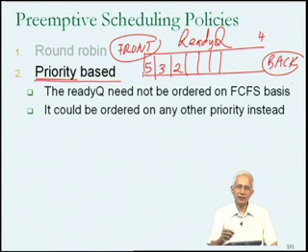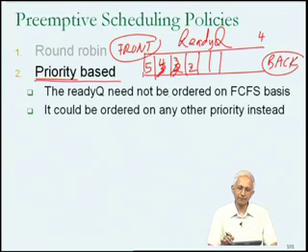Now, in the default FCFS, first come first served ready queue, the process with priority 4 would have entered at the back of the queue and would have appeared after the process with priority 2. But if I order the ready queue in terms of priority, then the process with priority 4 will enter the ready queue here, and the other processes which had priority 3 and 2 would move back in the ready queue.